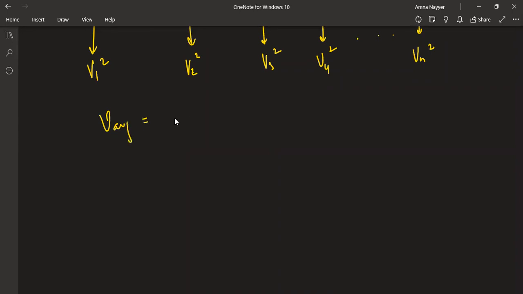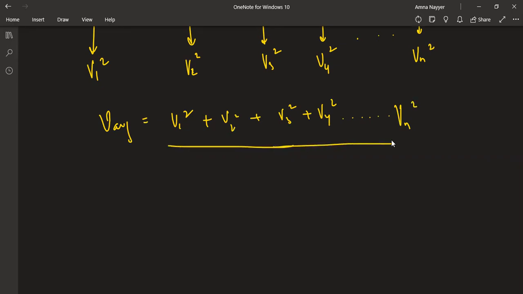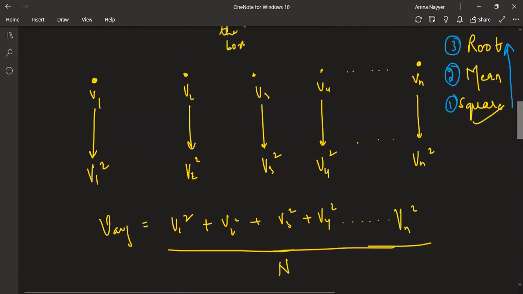So V average will be equal to V1 square plus V2 square plus V3 square plus V4 square, all the molecules that are present, divided by the number of molecules.